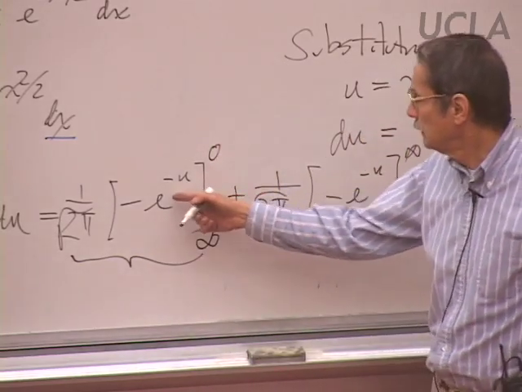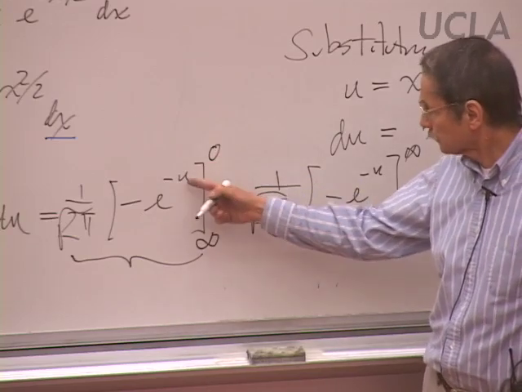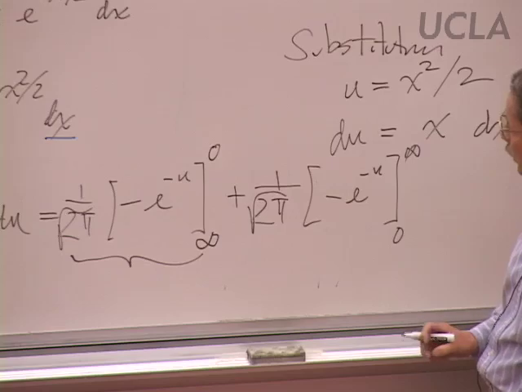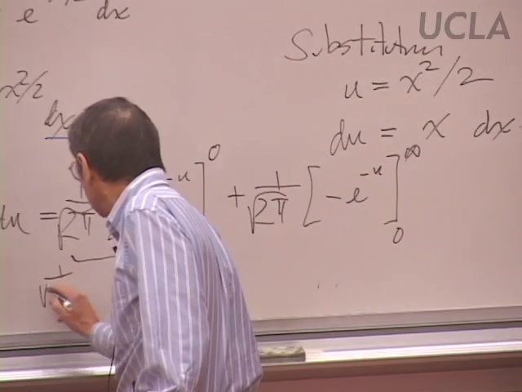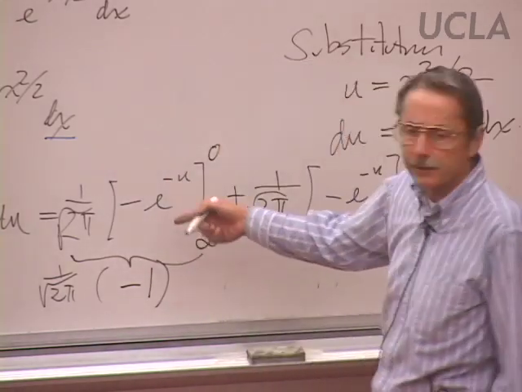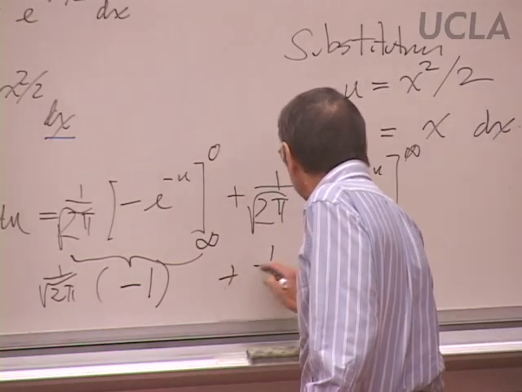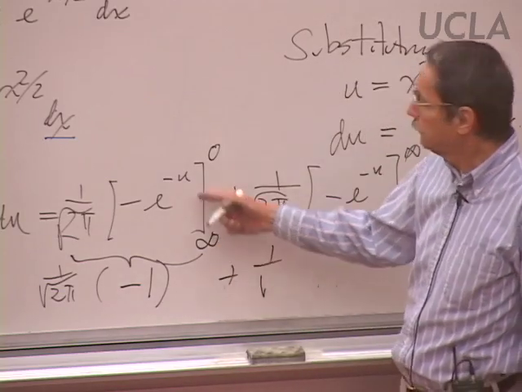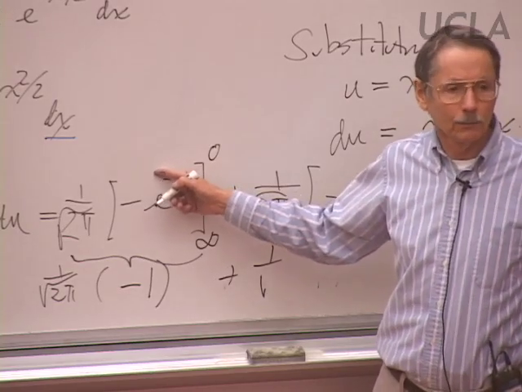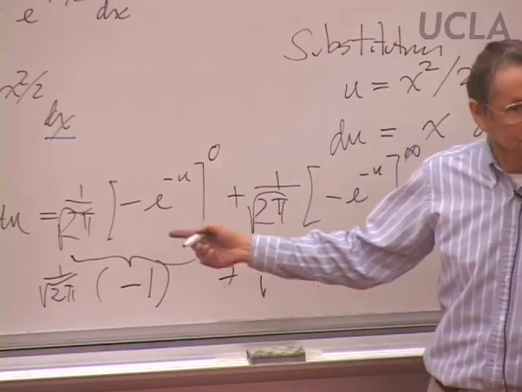Well, so this first one, if we plug in u equals 0, we get minus 1 for the part in brackets there. Minus e to the 0, minus 1. And then we plug in u equals infinity, and we get 0. Well, we don't really plug in u equals infinity, we take the limit as u goes off to infinity, but that's 0.